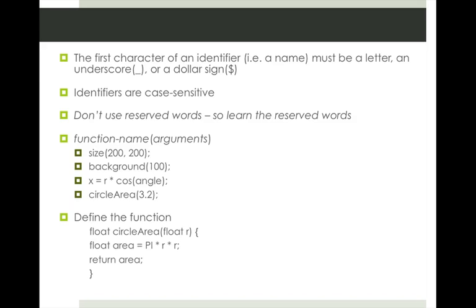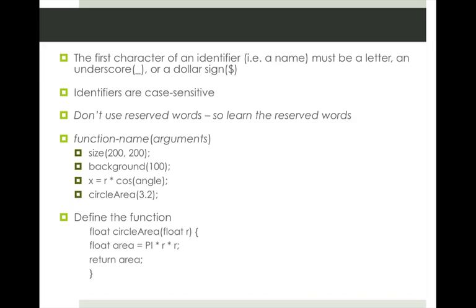Other operations or symbols are prohibited; you cannot start your identifier with other operations or symbols. Identifiers are case sensitive, and whenever you are writing a sketch, make sure that you are not using an identifier which is a reserved word. So it's important that you learn what the reserved words are, so that we don't use them.